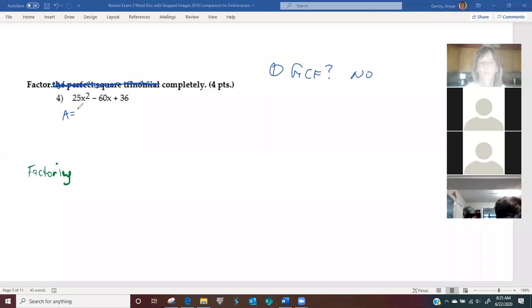Five. And an X, yes? And B would be? 6. And then you ask, don't worry about signs. You just ask, is this 2AB? So you take your 5x times the 6 and you get a 30x and then you double it and you get a 60x.